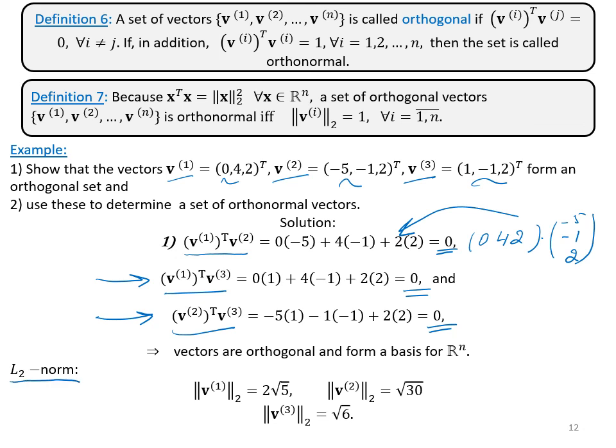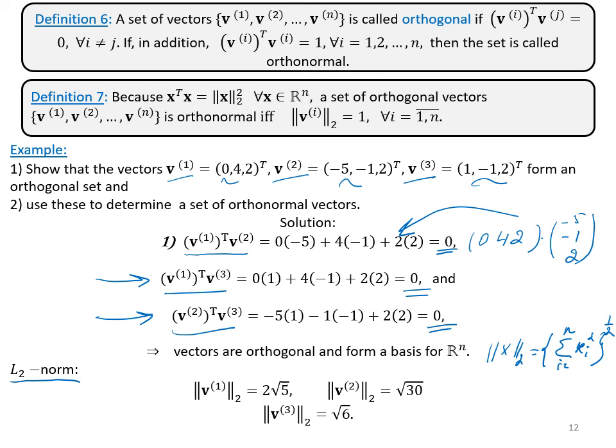Now let's compute the L2 norm. Just to remind you what it is and how we can compute it. Xi are just components of our vector.